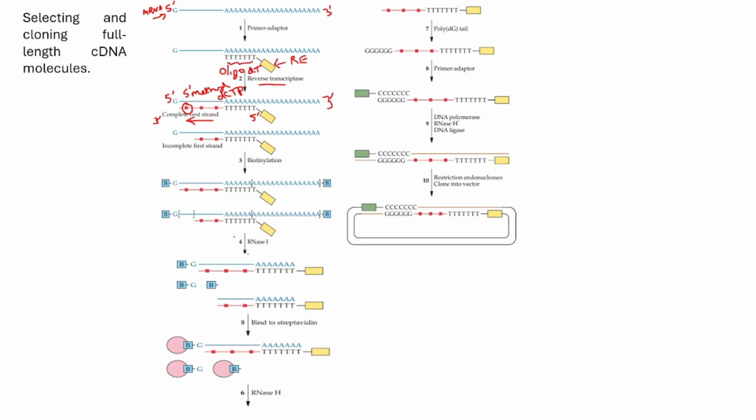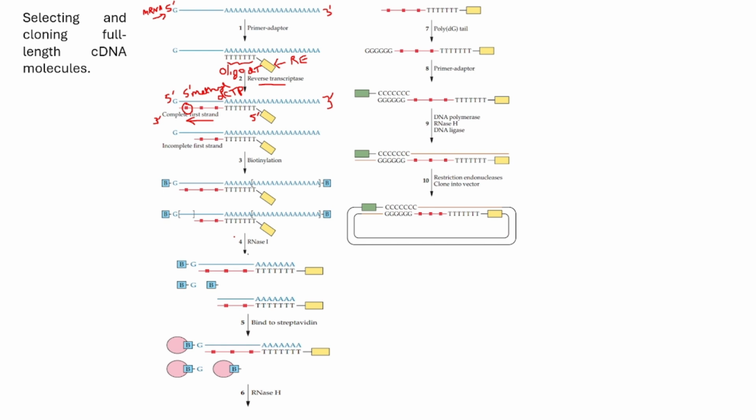Now why are we making this methylation? Because in the subsequent step you will see that we will be cutting the duplex strand of the RNA-DNA hybrid, or the incompletely synthesized strand, with RNase treatment.